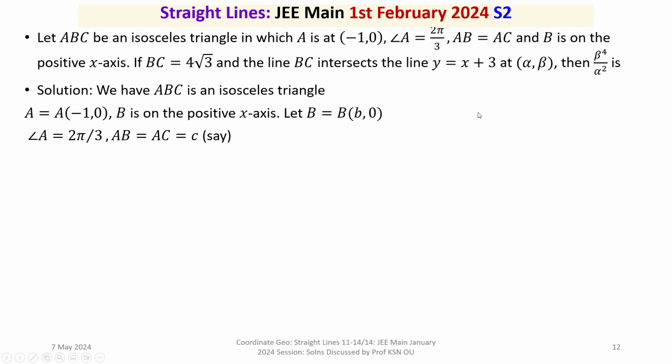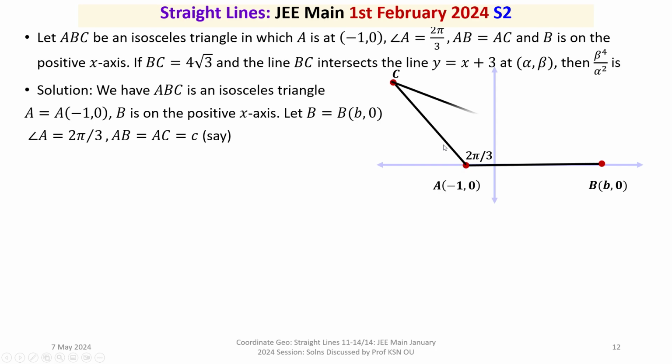Let's look at the diagram. X-axis, y-axis, and A minus 1 comma 0, B with coordinates b comma 0. This is the side AB. Angle A is 2 pi by 3. ABC is an isosceles triangle.